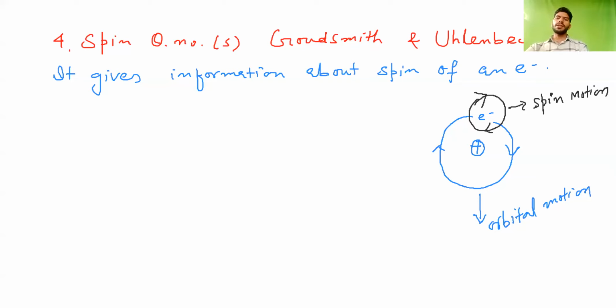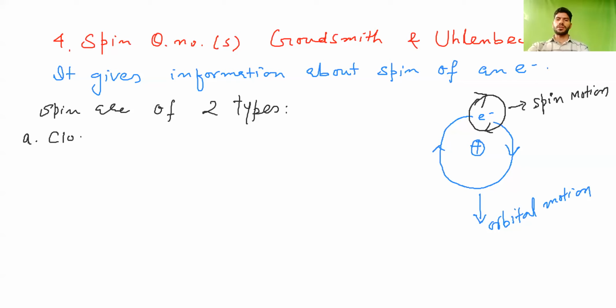Now spin can be of two types. That means either the electron can revolve in the clockwise direction, or it can revolve in the anti-clockwise direction. So spins are of two types. You will write here that spins are of two types. One is known as clockwise spin, another is known as anti-clockwise spin.